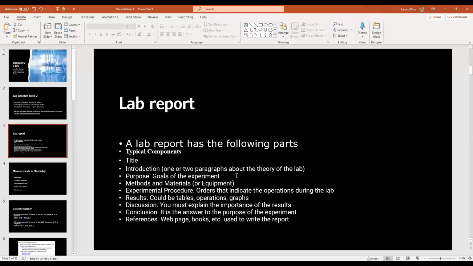In this lab, we have learned how to do measurements of length, weight, and so on. And the references could be the web pages, books, or other sources that you use during this experiment.